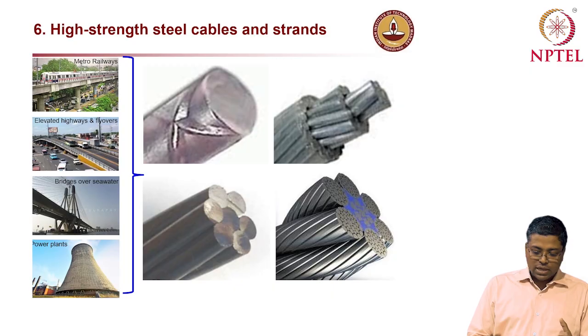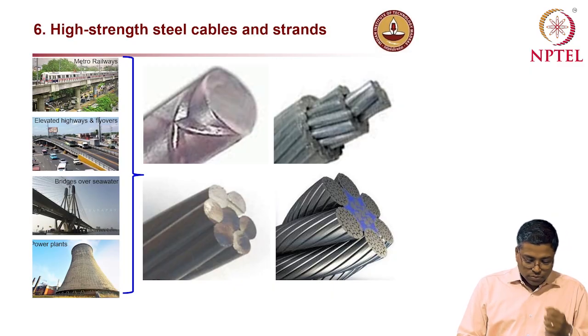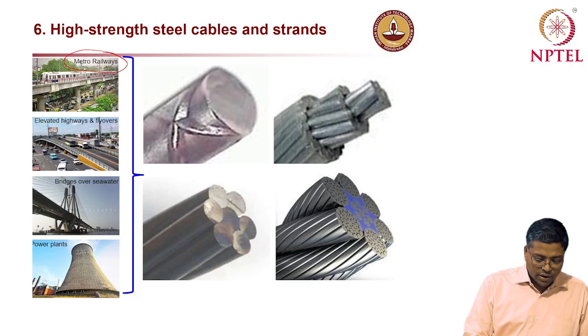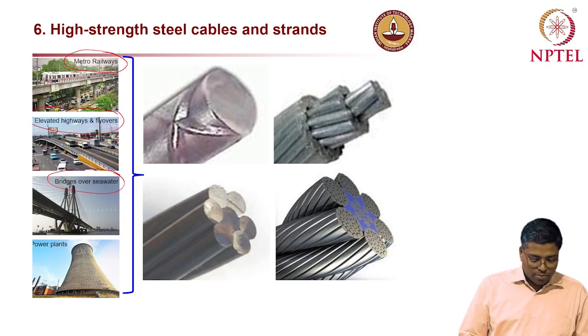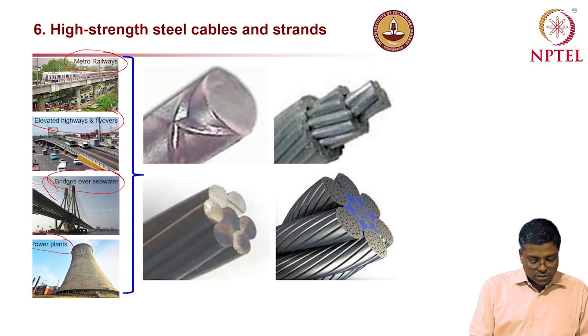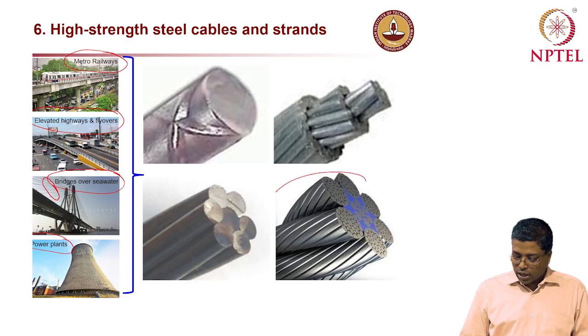So where do we use these high strength steel materials? In metro rails, elevated highways and flyovers, long span bridges, power plants, any large structure, and even high-rise buildings, we heavily use all these different types of steel rebars, strands and cables. On this bridge here, these are the types of cables on the bottom right corner.